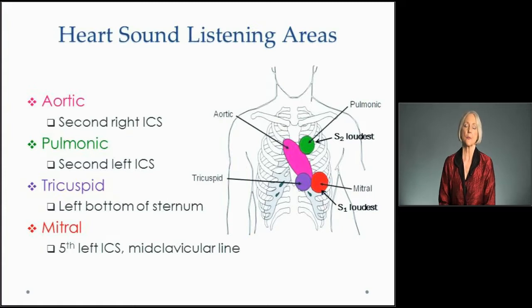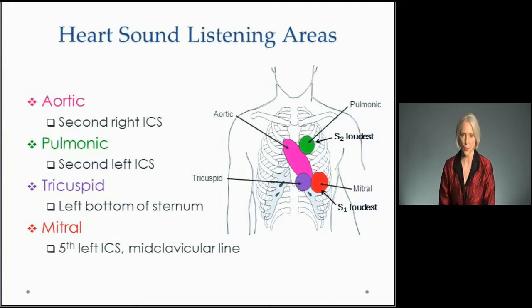It's a good practice to get used to doing it the same way every time. I was always taught to start at the top with the aortic and go down like that. If you want to start at the bottom and go up, it doesn't matter.